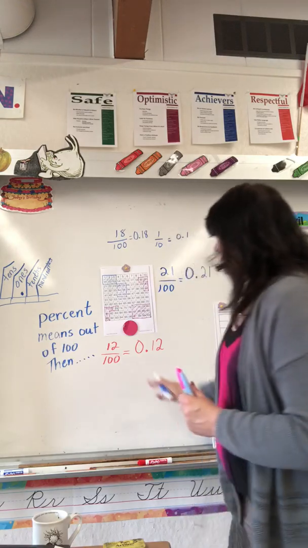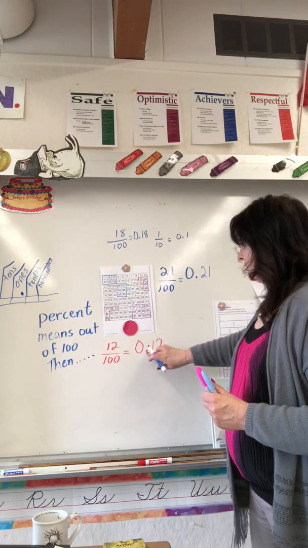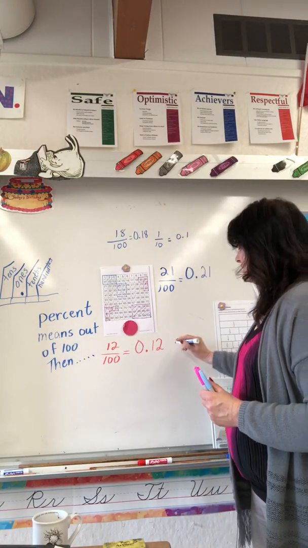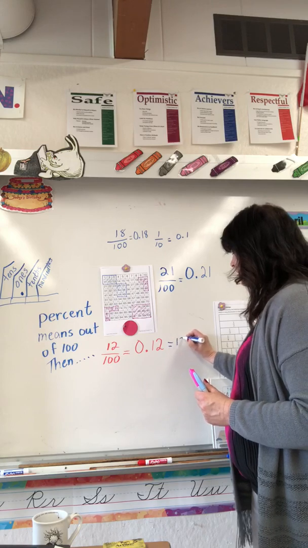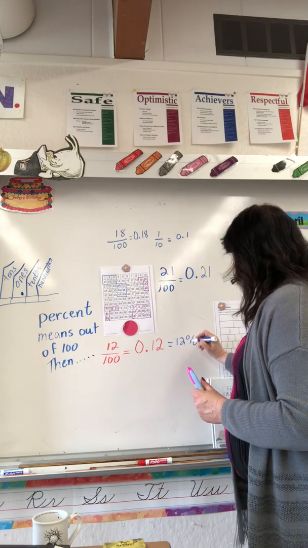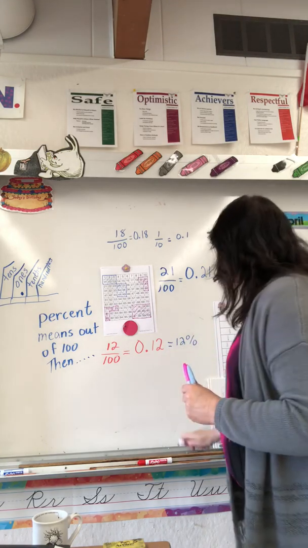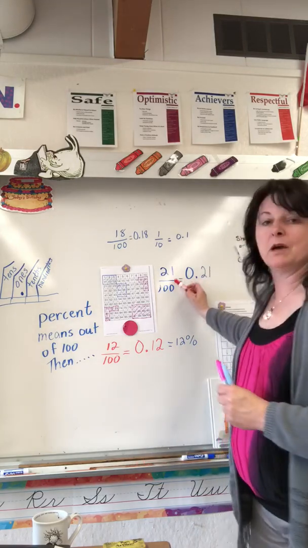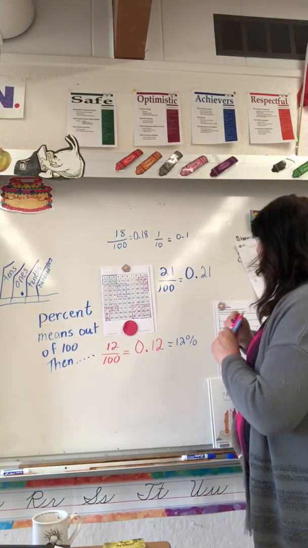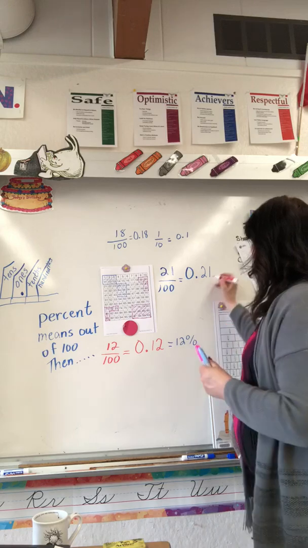Then 12 out of 100 equals 0.12, which would equal 12%.